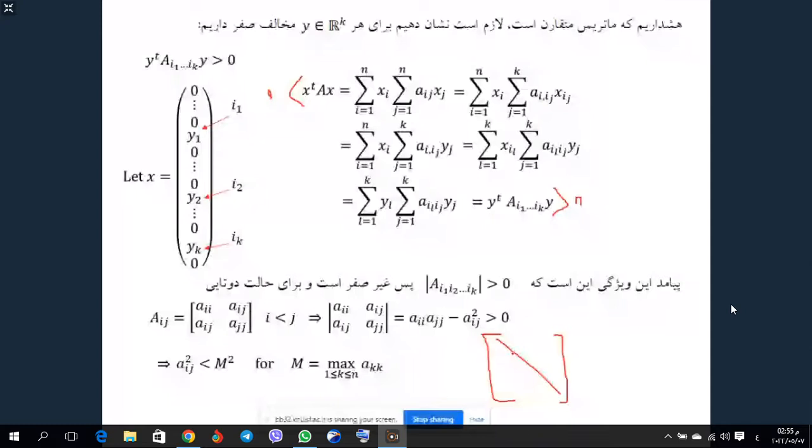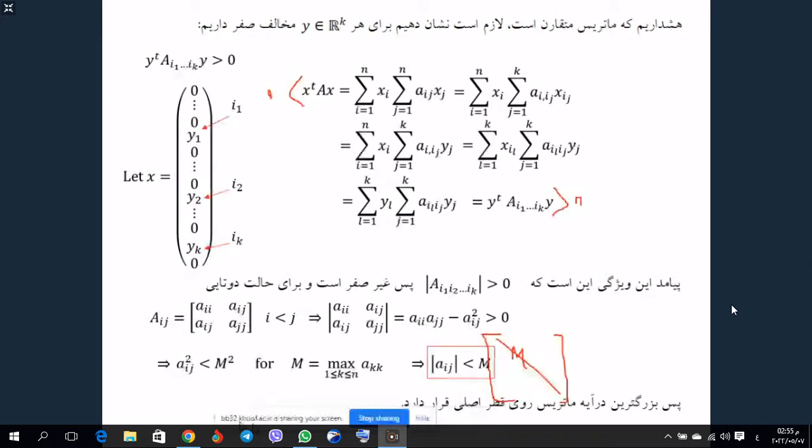Aij power 2 is less than m squared, that is aij is less than m in absolute value.